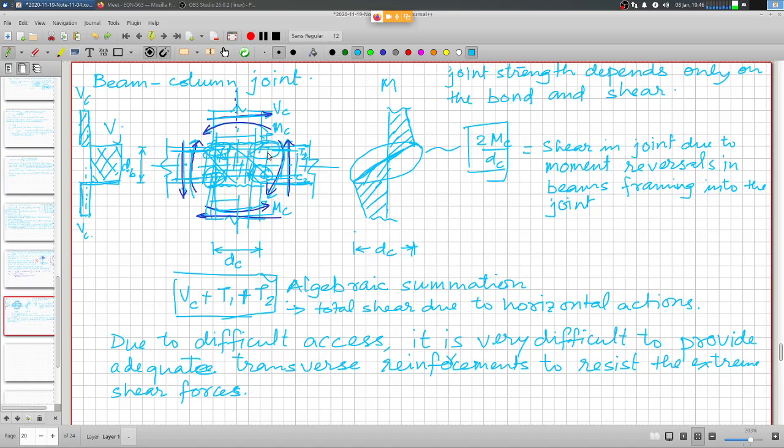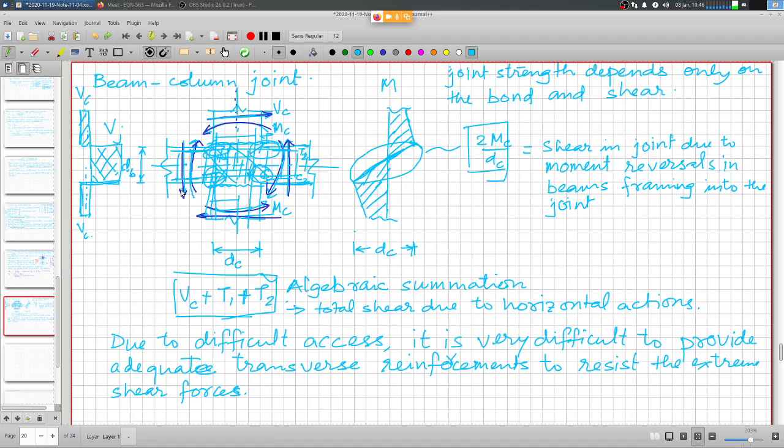So in all these aspects, it is extremely crucial that the transverse reinforcement that is prescribed for columns and beams should continue through the joint. You need to find a way how to do that.